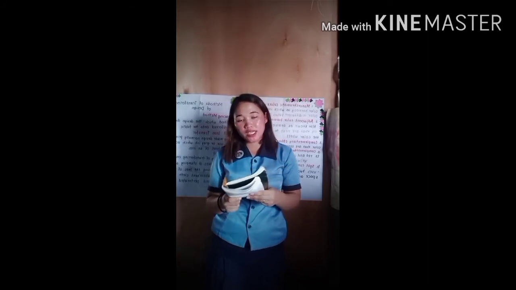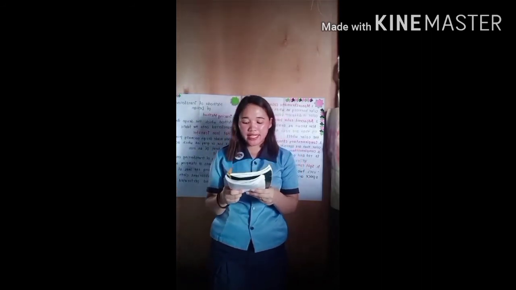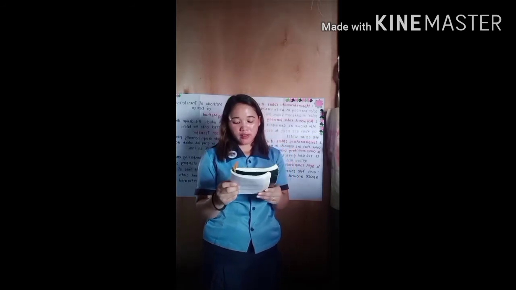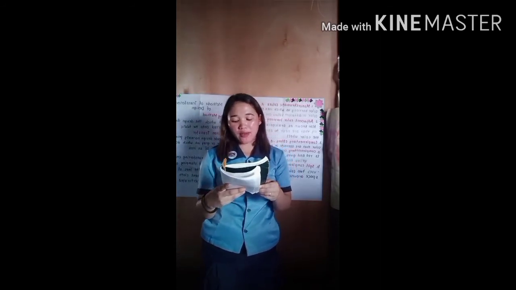Which of the following does not belong? Okay, good. The answer is harmony. Okay, number 4. A type of balance which can be described as having equal weight is known as?